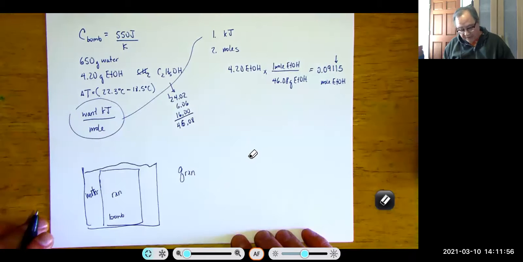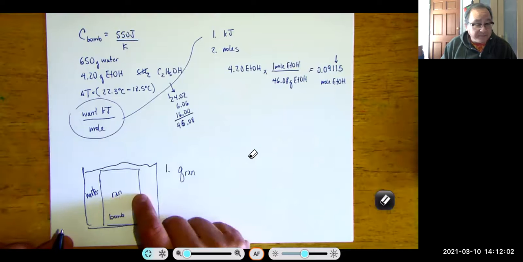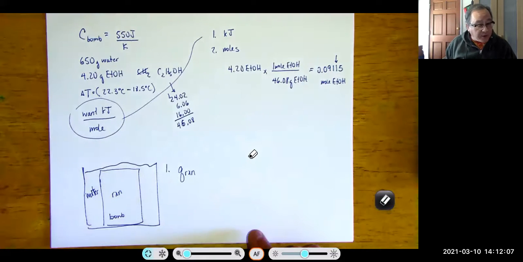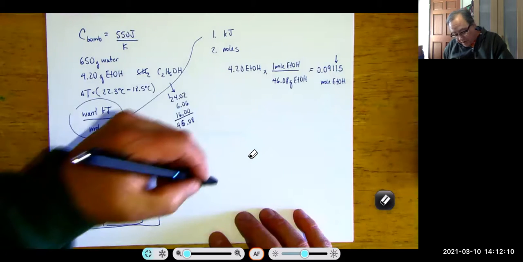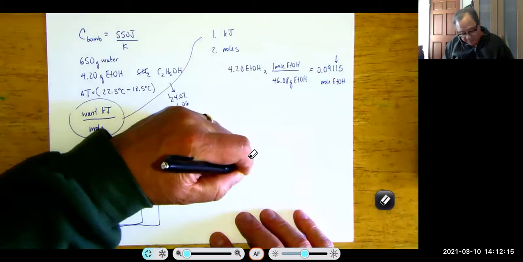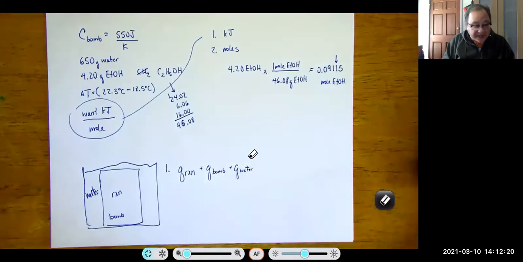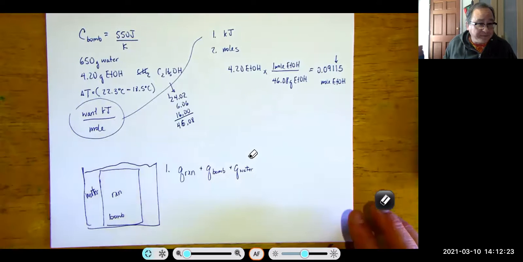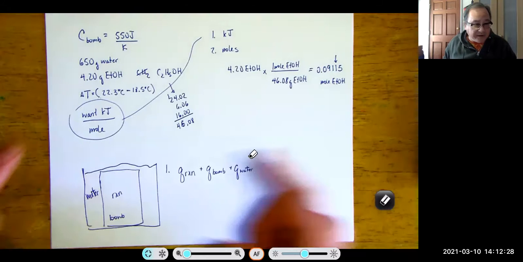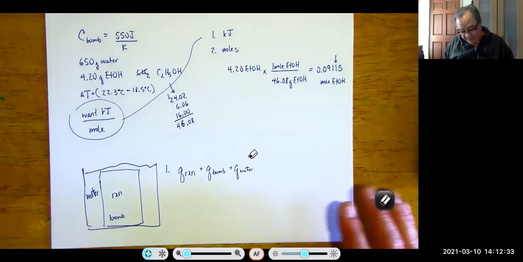When that reaction produces heat, what's going to happen to the bomb? It's going to heat up. What's going to happen to the water? It's going to heat up. So we have Q of the bomb plus Q of the water. And the bomb is loosely everything that's attached to this thing that's not the water. So it includes this container on the outside, and any transfer that may happen to the air. The bomb is everything else that's not the water and not the reaction.